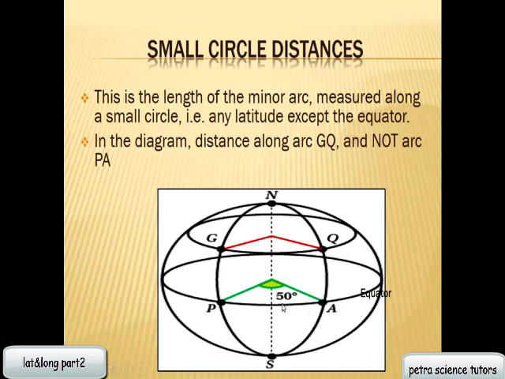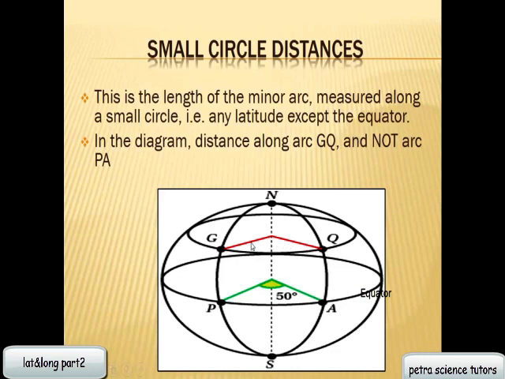The equator is a great circle, but this is a smaller circle. So it's called a small circle distance. This arc G to Q, distance GQ, is an arc, part of a circle, with a radius here.